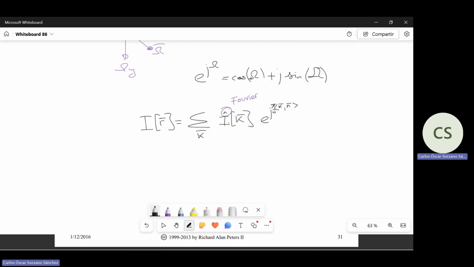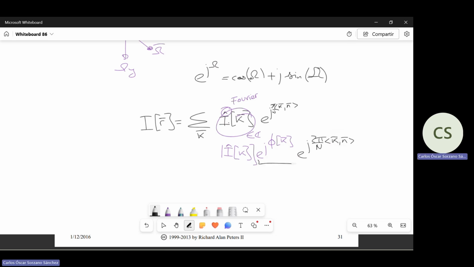Okay, but this is a complex number. So this one here is complex. If it is complex, then that means that it has an amplitude and a phase, times my basis, e to the j 2 pi k divided by n, k n.